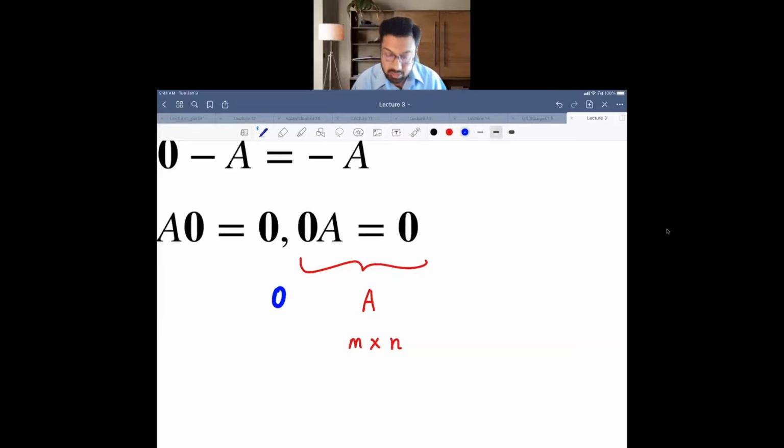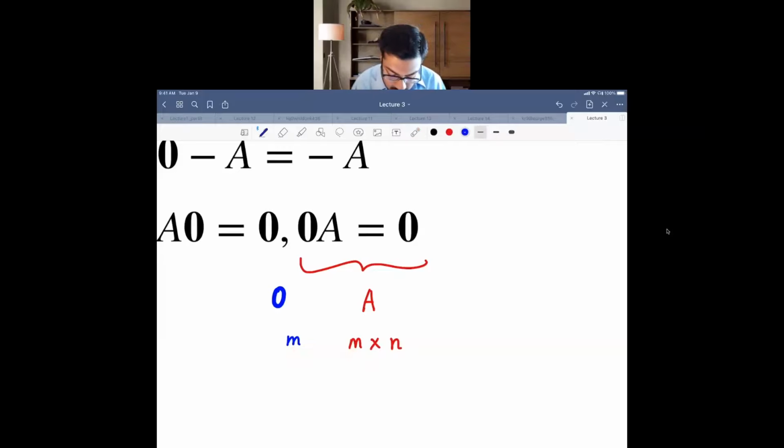So in order for this to be carried out, what can I say about the columns in the zero matrix? What do they have to be? The columns of zero matrix here, m, right? So the inner dimensions have to match. So the columns in 0 have to match up the rows in A. So that should be m.